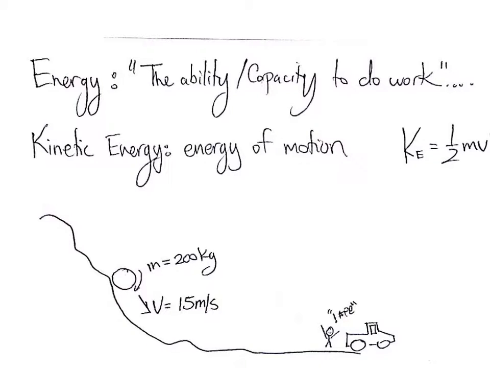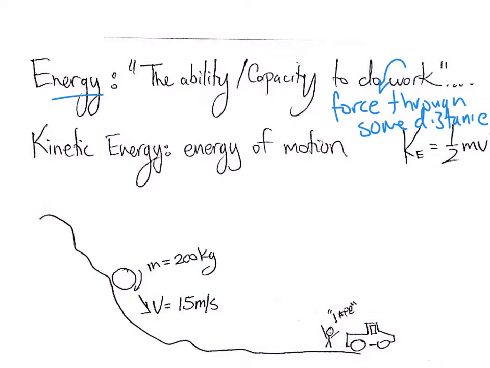But you can think about work done as exerting a force through some distance. And when we talk about energy, we're talking about something that enables us to exert a force through some distance.